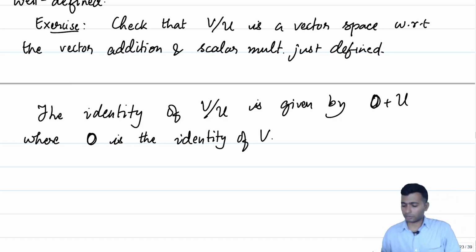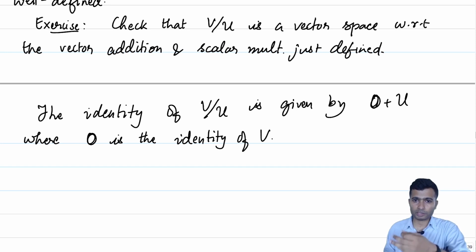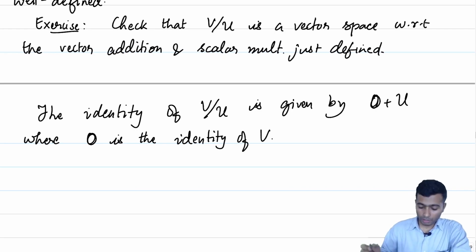Well, that's quite straightforward. If you look at small v plus capital U and add it to 0 plus U, by the very definition it is going to be small v plus 0 plus U, which is v plus U. And therefore, this is the additive identity. How about the inverse?